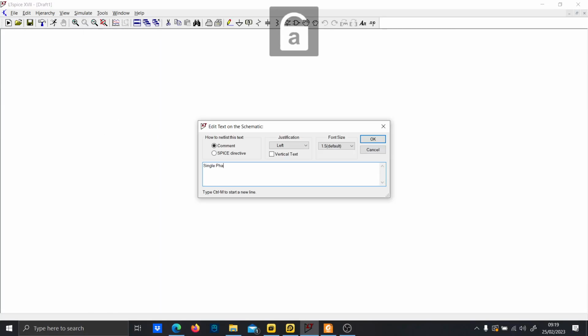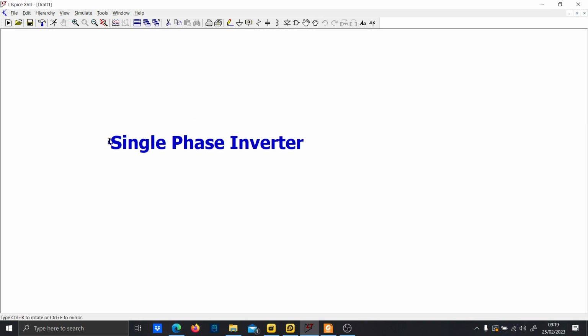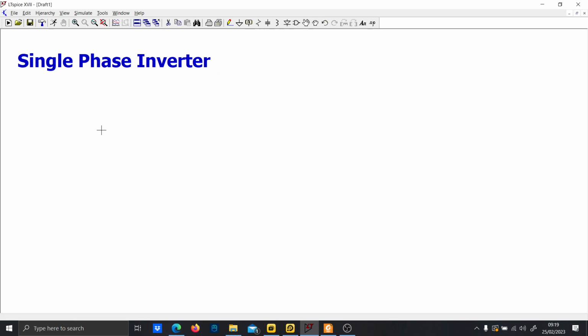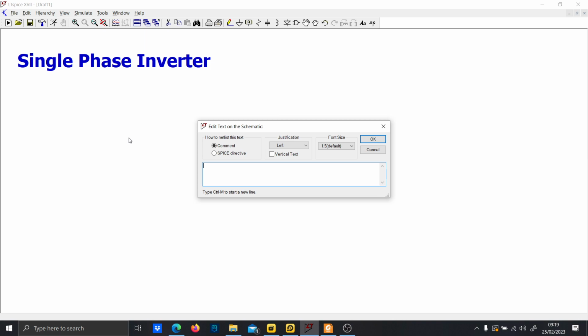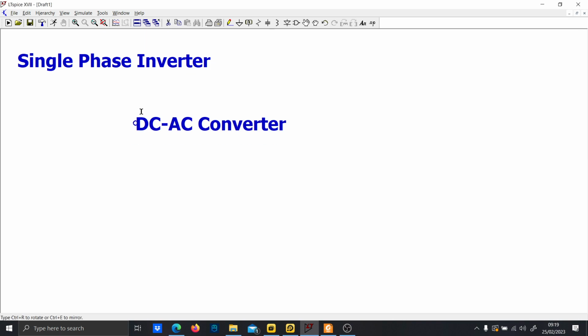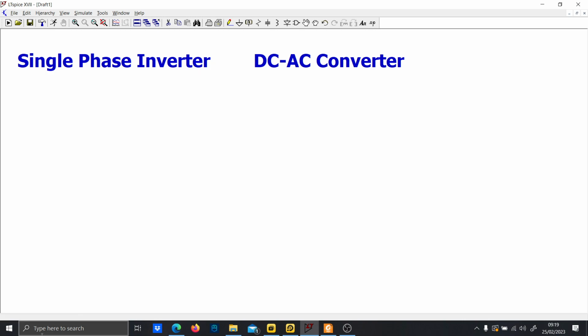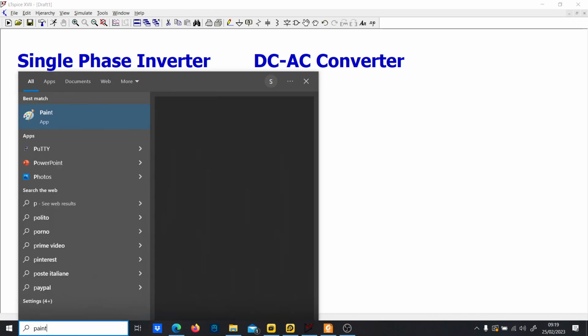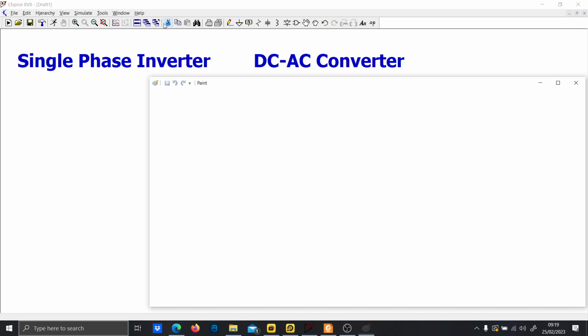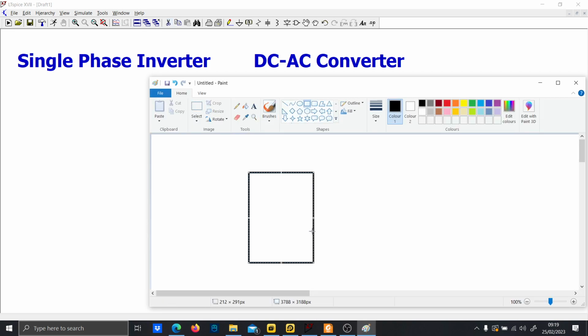Hi guys, today I wanted to simulate a single phase inverter, and as you may know, the inverter is a DC-AC converter. So basically at the input you're going to have a DC voltage, and at the output you're going to have an AC voltage.